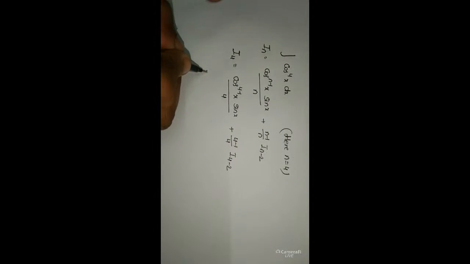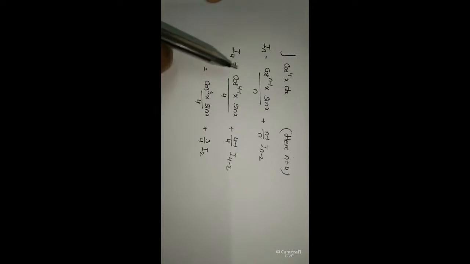And this is equal to cos cube x sin x by 4 plus 3 by 4 into I_2. Now to get the value of I_2, again we substitute n is equal to 2 in this formula.